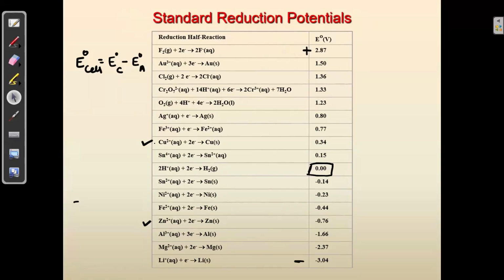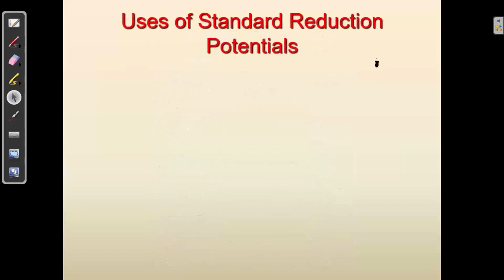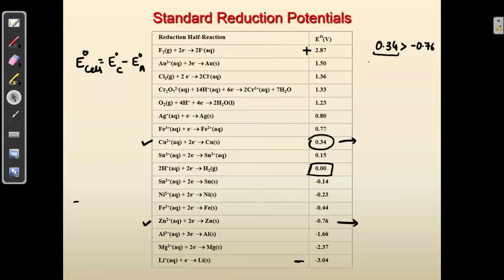Which out of copper and zinc will behave as a cathode? Now look at these two values. This is positive 0.34 and this is negative 0.76. 0.34 is a bigger value than minus 0.76. So the higher potential is always the right hand side, that is the reduction half cell, which is always a reduction half cell.